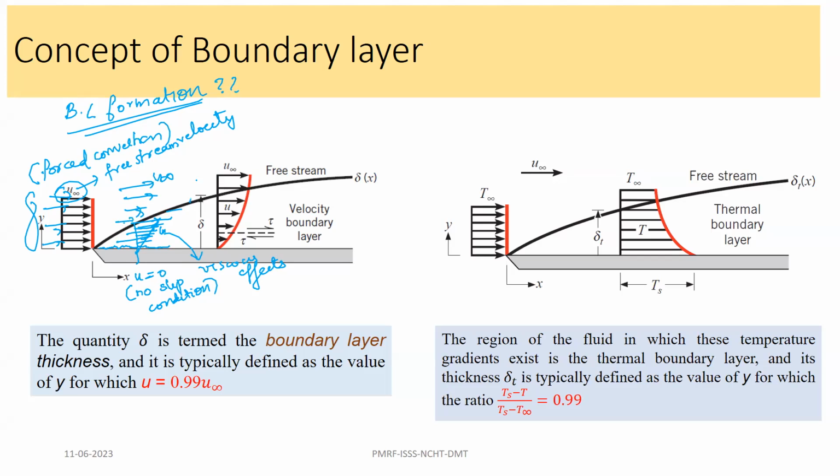So there is a marking of a boundary here. This is called the boundary layer. This is the boundary layer edge. In a free stream flow like this, this point is called the leading edge, from where the boundary layer formation starts, and it ends at the trailing edge.